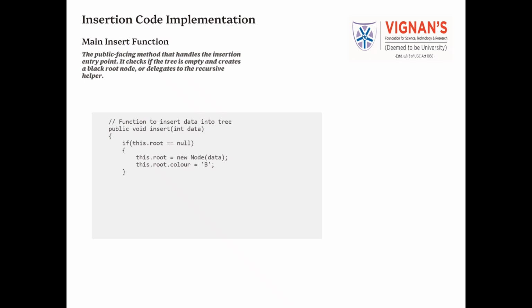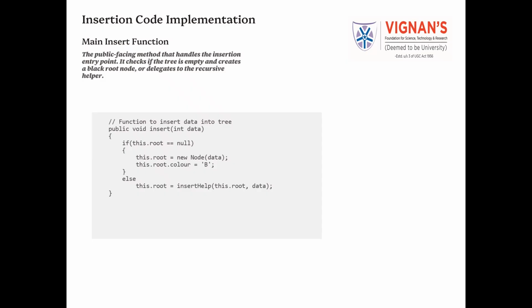If the tree is not empty, the code moves to the else block. Here, the insert operation is passed to the helper function insert help. This helper function performs standard BST insertion and then applies recoloring and rotations to fix any red-black tree violations.